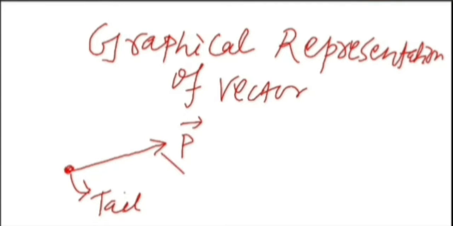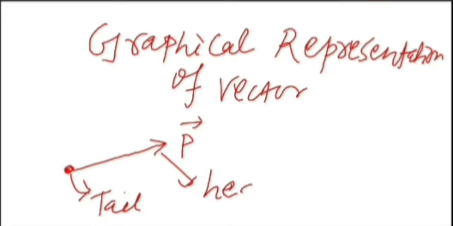Graphical representation of a vector. The magnitude of a vector on graph paper is the length of the vector. For example, we have vector P. The end point or originating point is called the tail, and the terminating point or arrow is called the head of the vector.